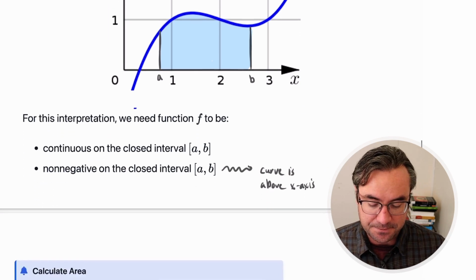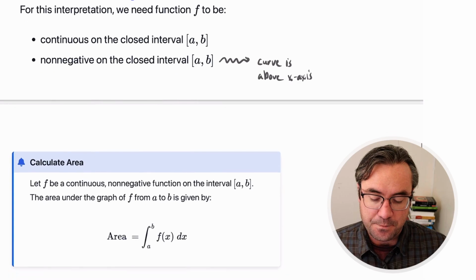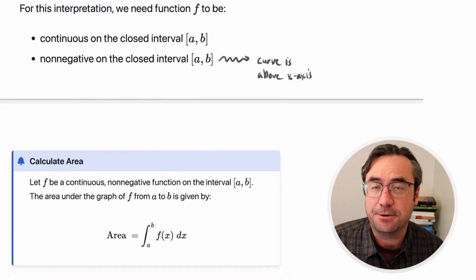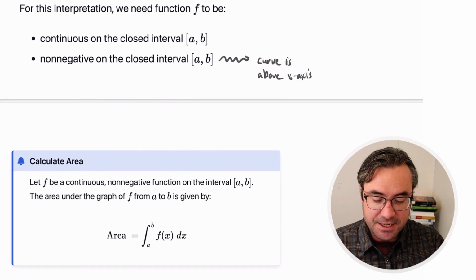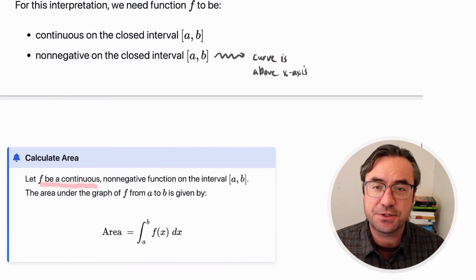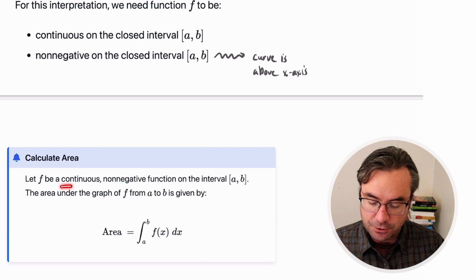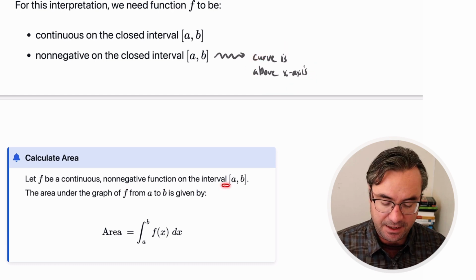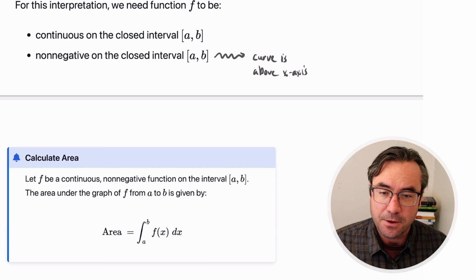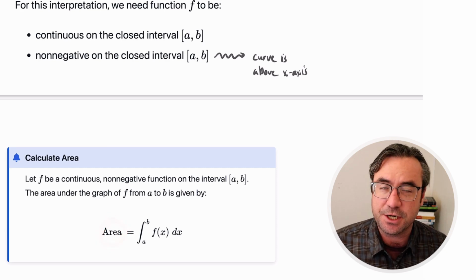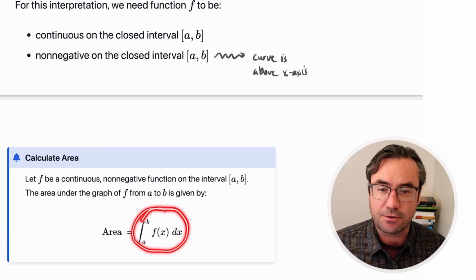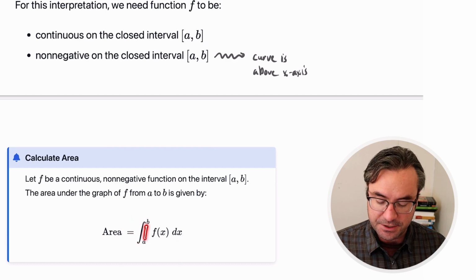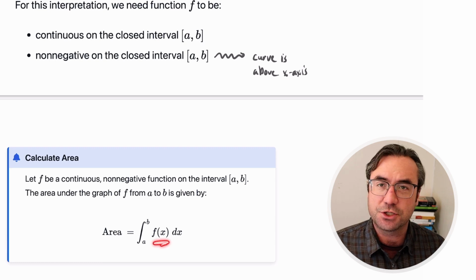And the result that relates this all to integration is if f is a continuous function, so there's no jumps or breaks, and it's a non-negative function, meaning it's above the x-axis, on that closed interval from a to b, well then the area for that region is just the definite integral going from a to b of our function f of x.